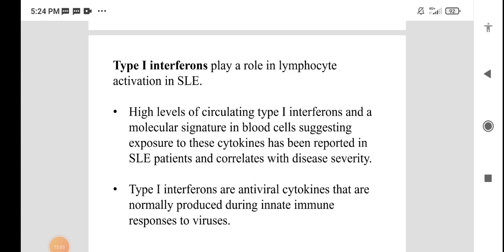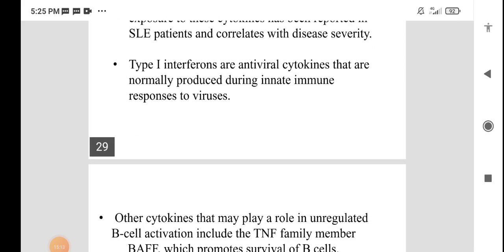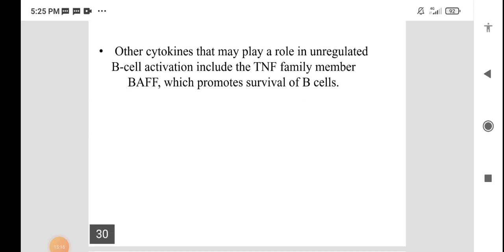Type 1 interferons are antiviral cytokines that are normally produced during innate immune responses to viruses. Other cytokines that may play a role in unregulated B cell activation include the TNF family member BAFF, which promotes survival of B cells.